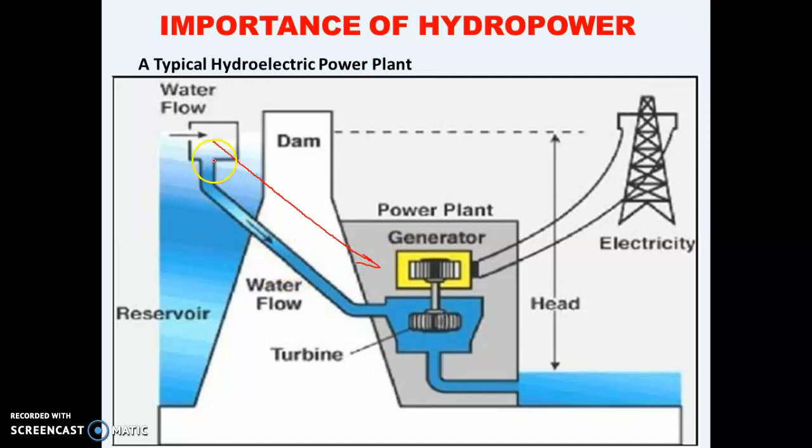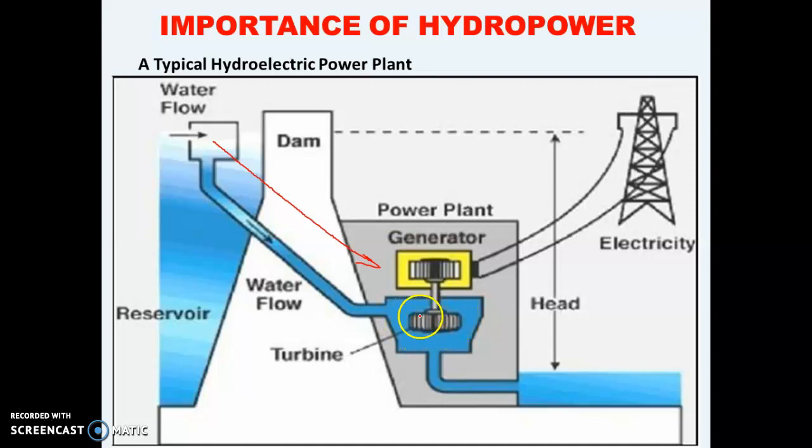This water falls from a great height through the penstock to a turbine. At the end of the pipe there is a nozzle through which the water comes out with very high velocity and falls on the turbine. Due to the force of the water the turbine starts to move.